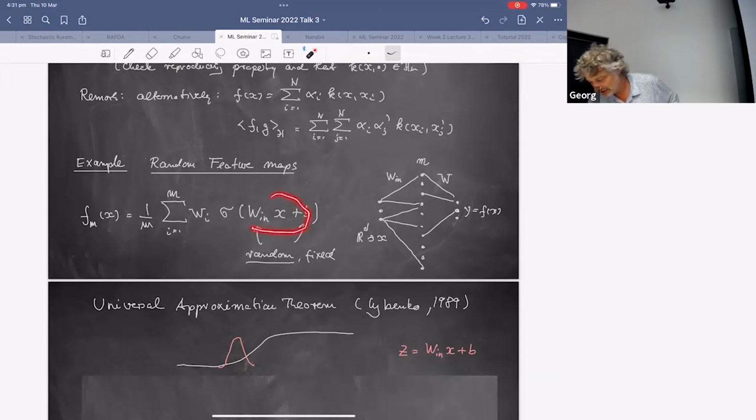You give it input from X, which comes from some probability distribution, and you want the argument of this tanh not to live just here where you can't distinguish anything anymore because it's saturated. You also don't want it to live close to here because that would just be a linear model. There's no need to do anything else. So you want to explore the nonlinear parts here.